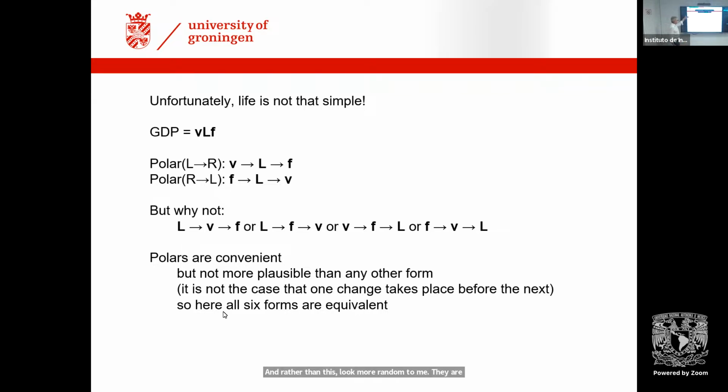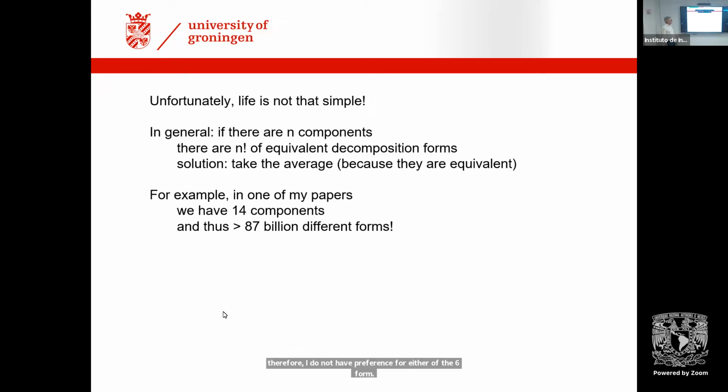So, polars are not more plausible than any other form. Therefore, I do not have a preference for either of the 6 forms. All 6 forms are equivalent. In general, there are n components, and the number of decompositions is n factorial.